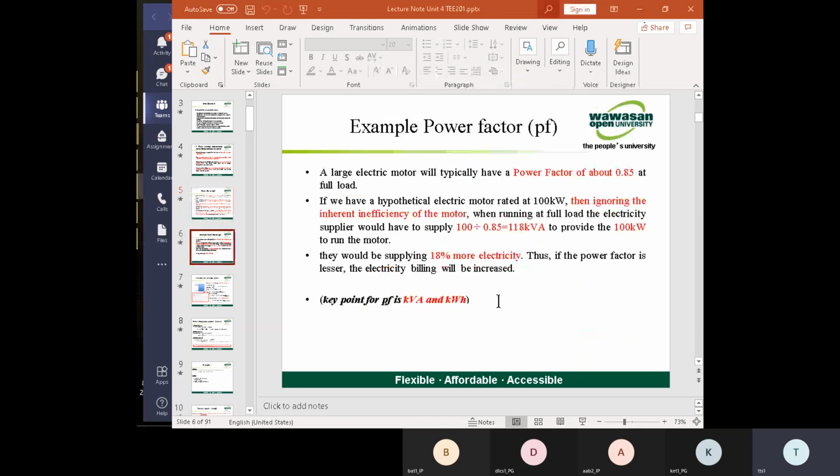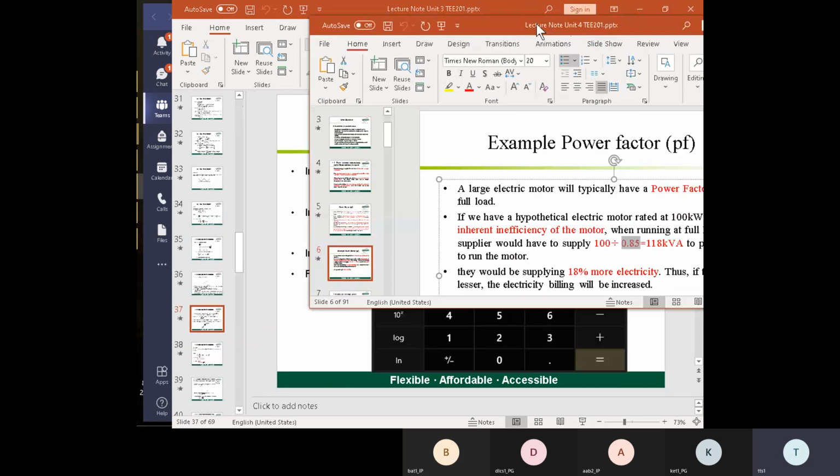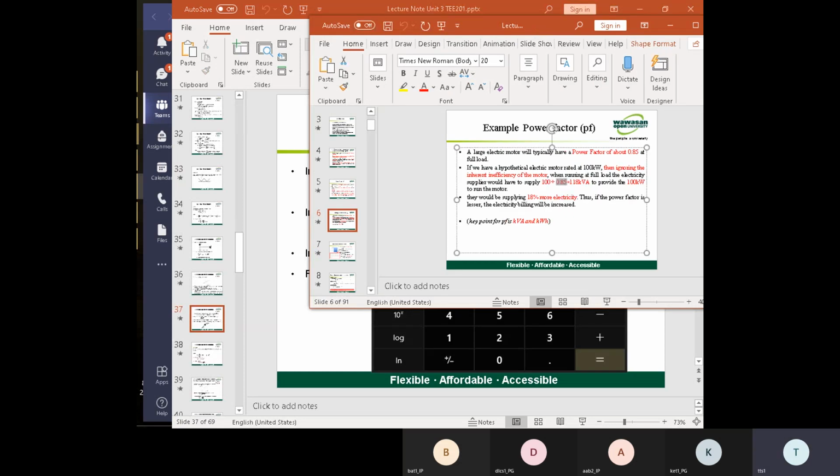So here, for example, let's say you have been told that the power factor is 0.85. You can calculate the phase shift, right? So let's just practice. What is the phase shift for 0.85 power factor?